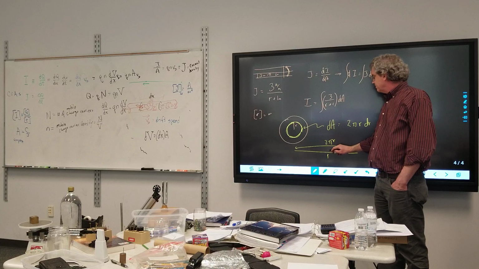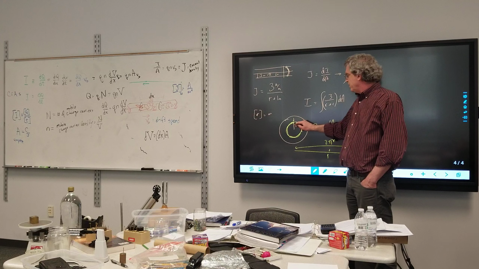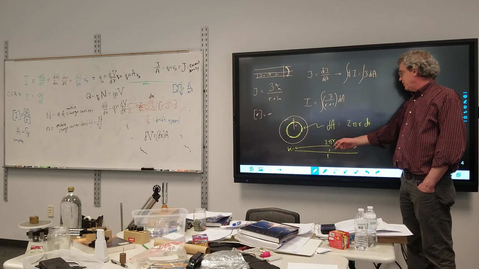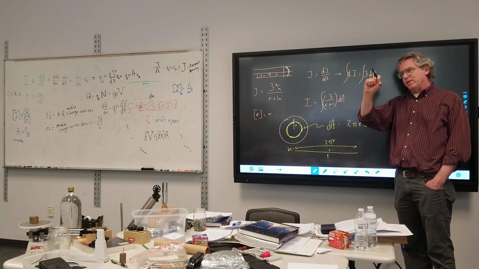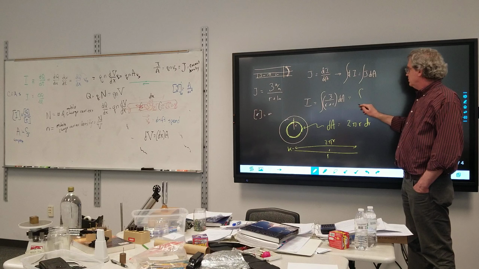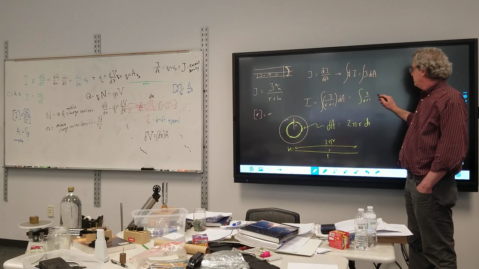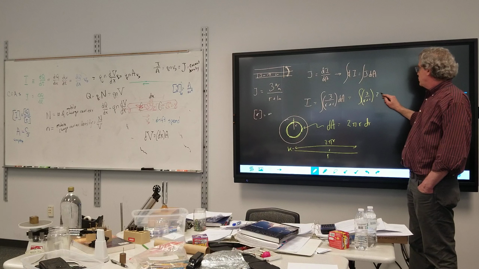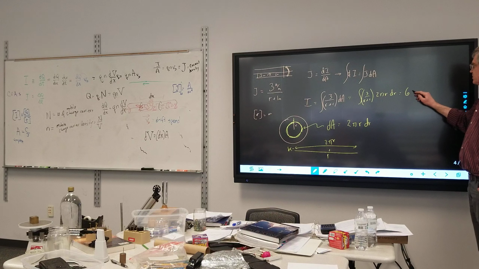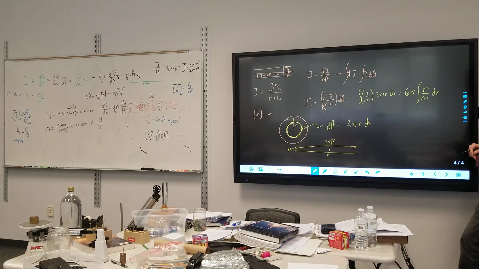The thickness, well, that's a change in r there, so my thickness is dr. So it's like I have a rectangle with a length of 2 pi r and an infinitesimally thin width of dr. So this now becomes the integral of 3 over r plus 1 times 2 pi r dr, which is 6 pi integral r over r plus 1 dr. And now we need limits of integration.